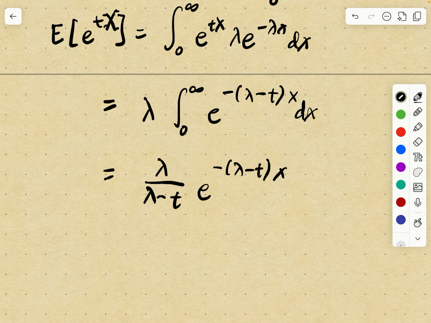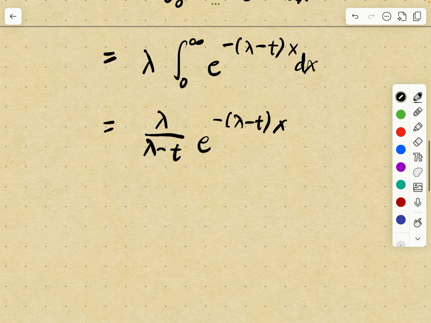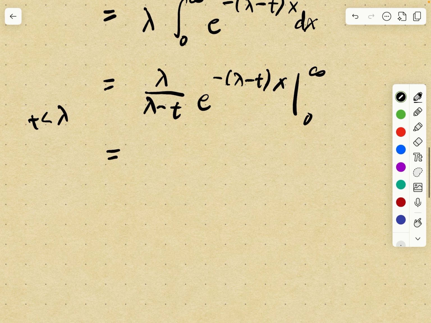That's correct, because when you differentiate this function, the negative lambda minus t comes out, and because of the chain rule there's a minus here, so it works. This is evaluated from 0 to infinity, and it's only valid when t is less than lambda, because you need this exponent to be negative for the integral to exist.